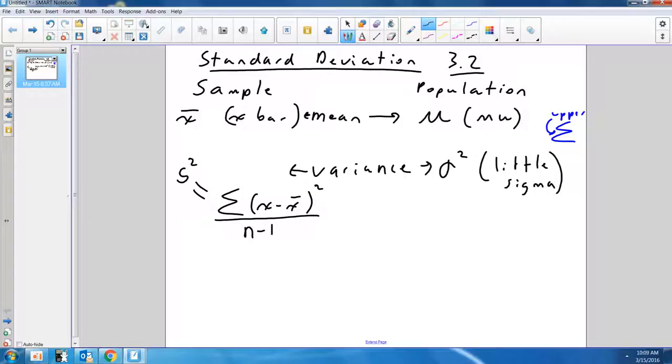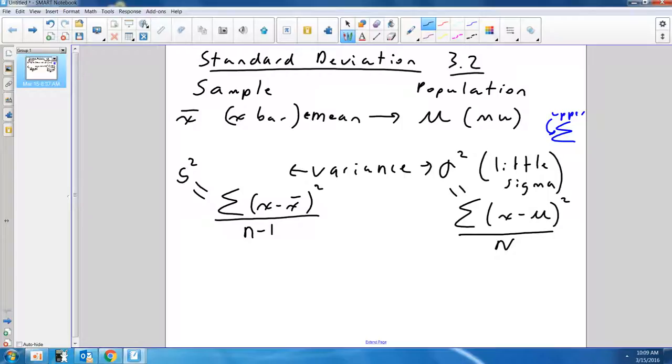On the population variance, you sum up all the deviations between x and mu, and divide that by n, which is the total number of points. Yes, there is a difference in the denominator here.